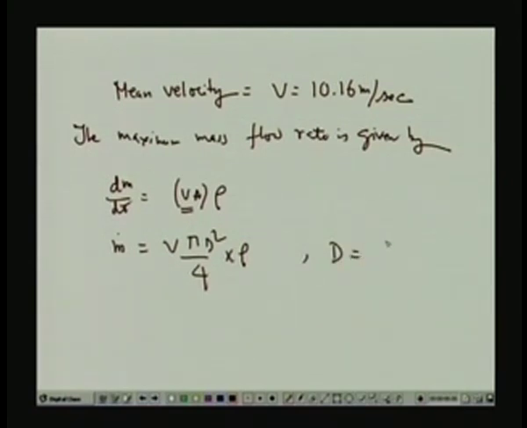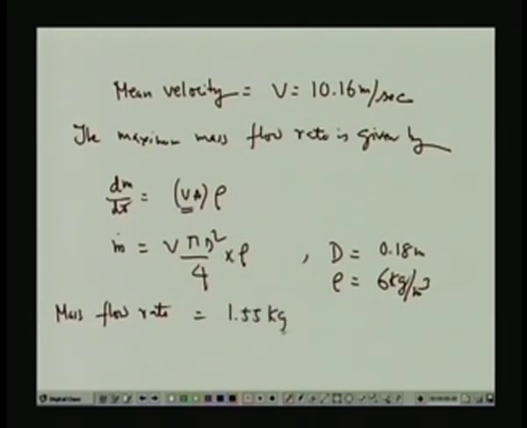Now d here is 0.18 meter. If I put everything there, because rho is given as 6 kg per meter cube, the density of the fluid, I will get the mass flow rate equal to 1.55 kg per second. This is one answer, this is another answer.